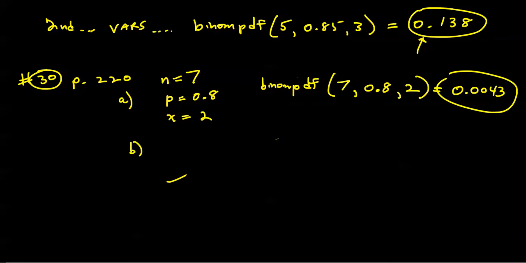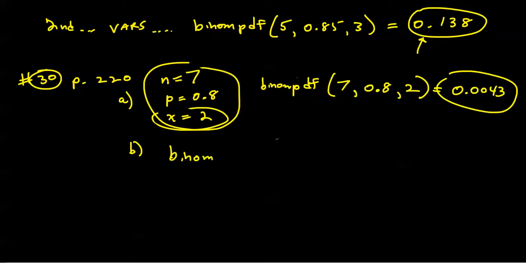Let's look at part B. Still number 30. Find the probability that exactly 1 of the selected adults watches primetime TV live. Well, this given information is the same except for my number of successes. I want 1 now. Alright, well, I'll call up binom PDF command, and still got 7 trials.